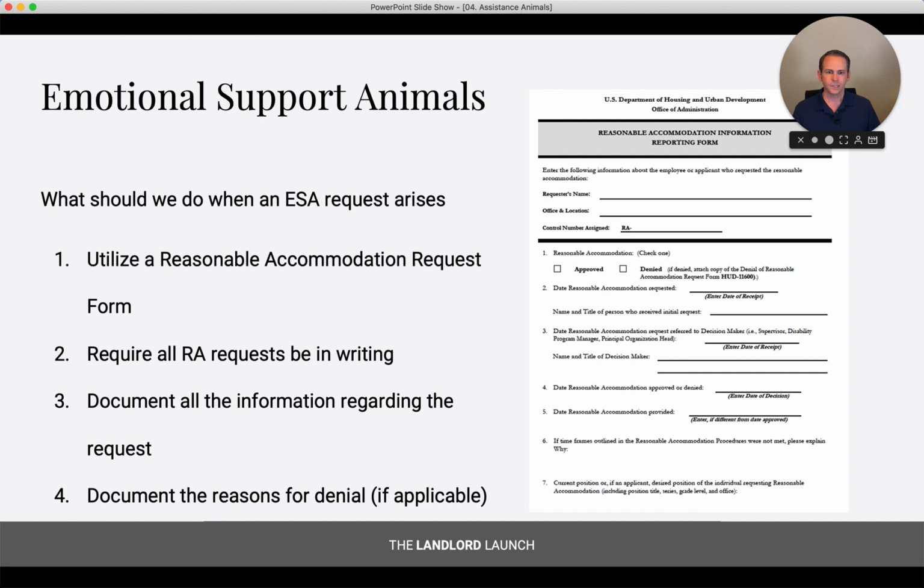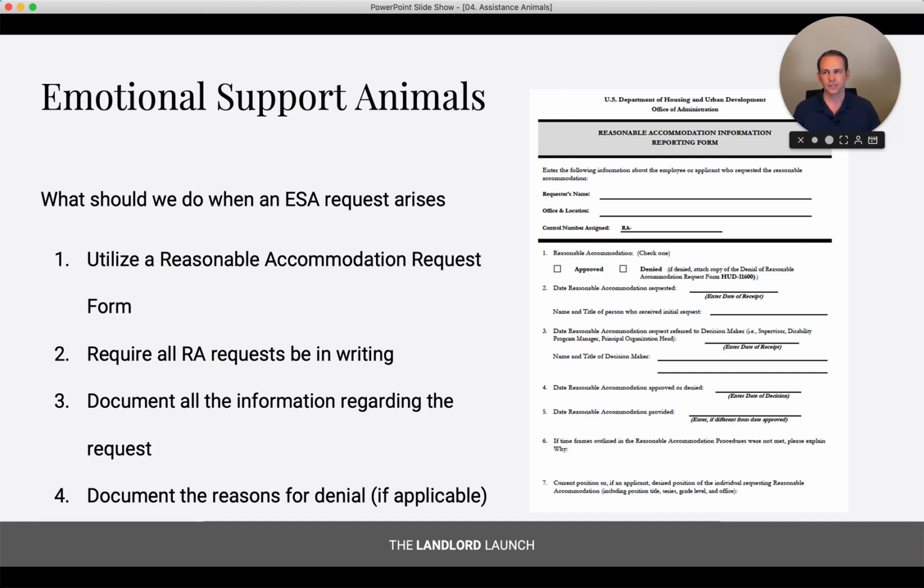The other thing that the reasonable accommodation form does is it allows you to document, if you have to deny, the information you've gathered, all the things that you looked at to verify the supporting documentation they provided. It allows you to document the reason why you felt that this reasonable accommodation request needed to be denied, because you don't have to approve a reasonable accommodation request.